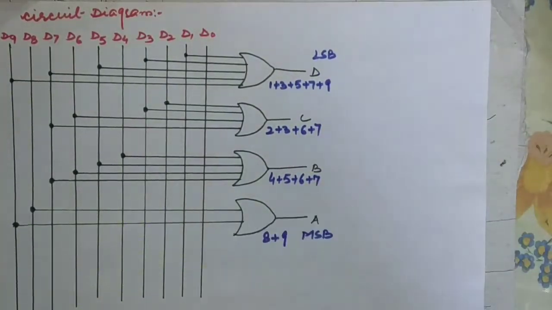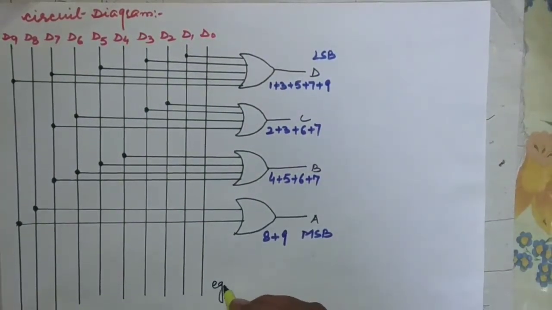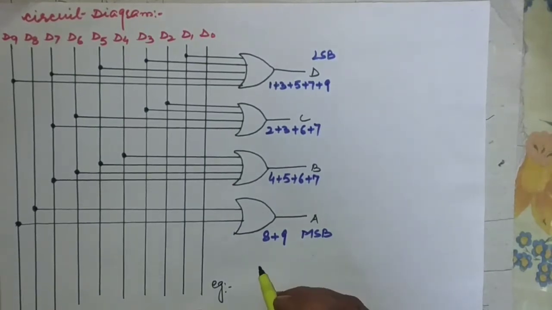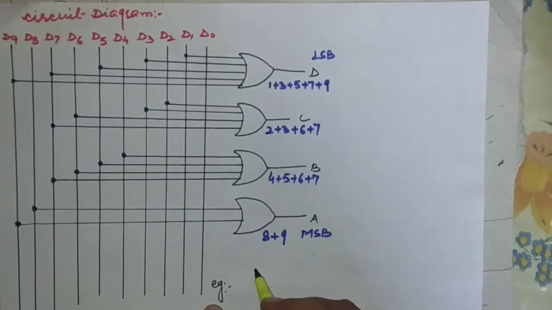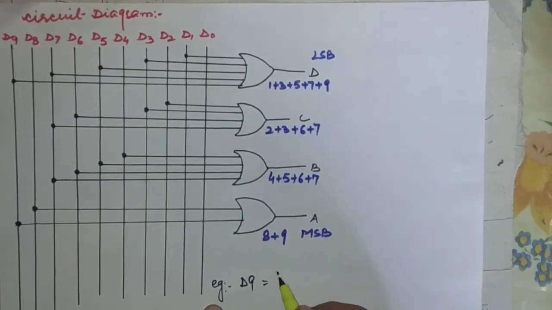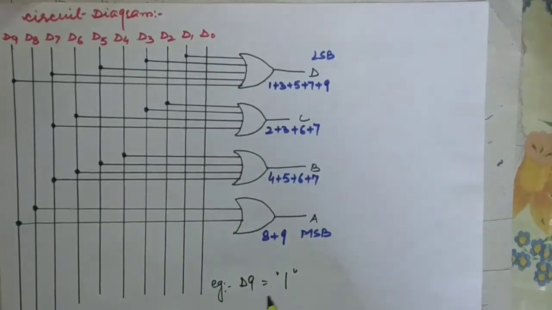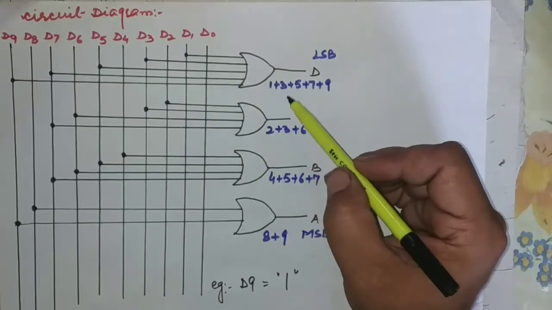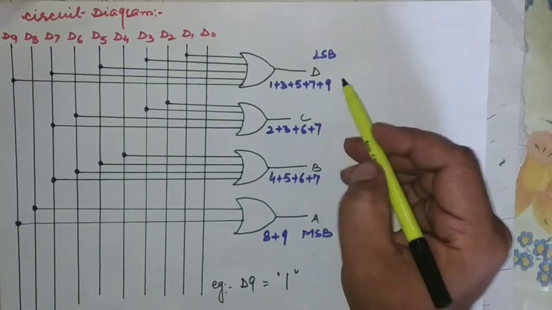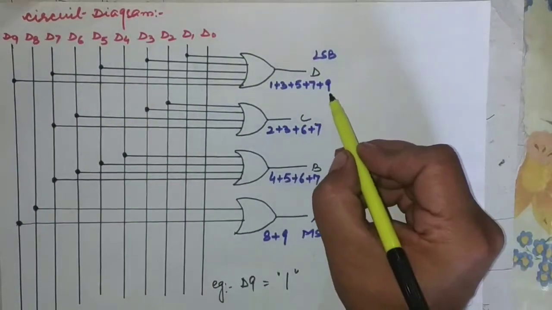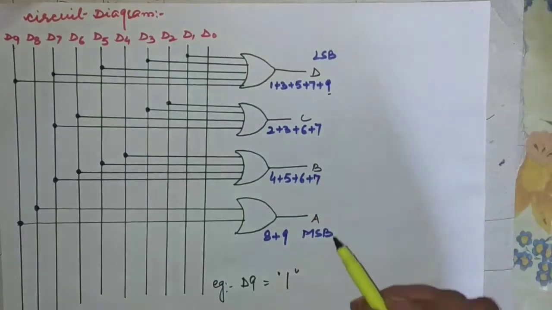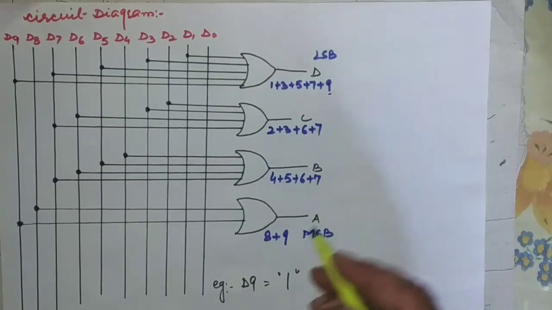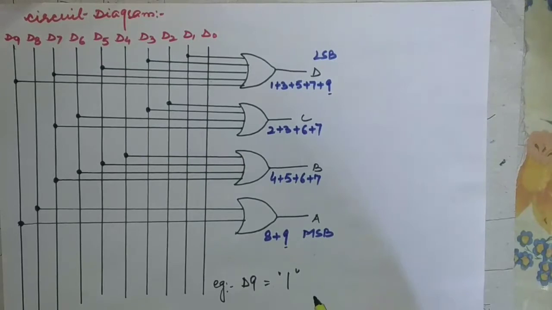shown here. For example, say we have decimal number 9. So when D9 is active, now see the outputs. 8, 9. So 9 is here also, and here also.